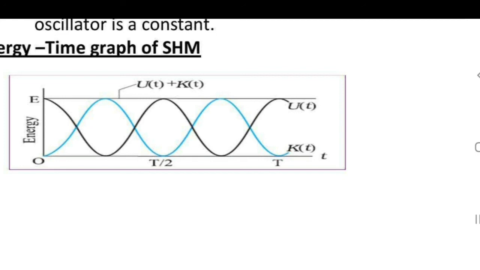This blue curve stands for kinetic energy, and the black curve stands for potential energy. And the sum is represented by this straight line which is parallel to the time axis, which means that the total energy of a body in SHM is constant.